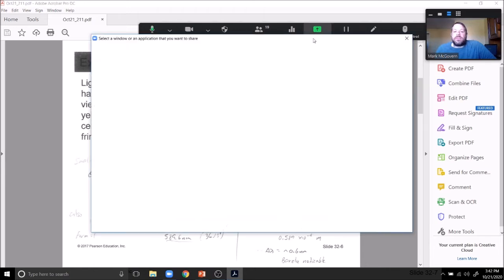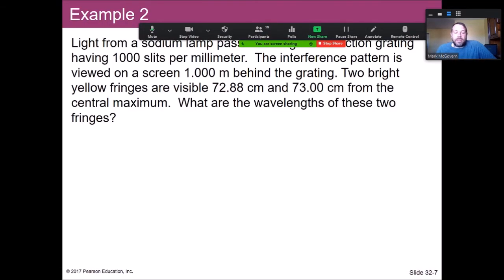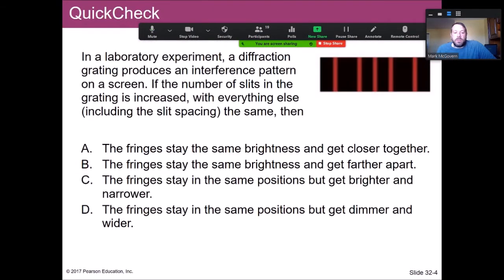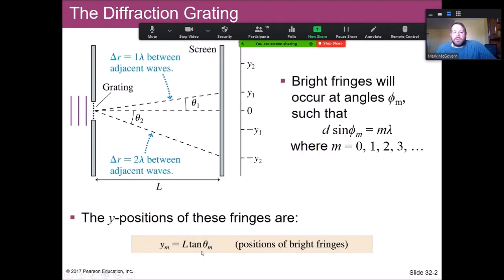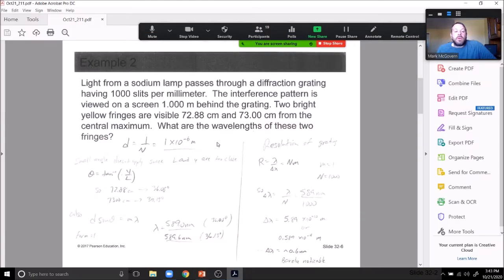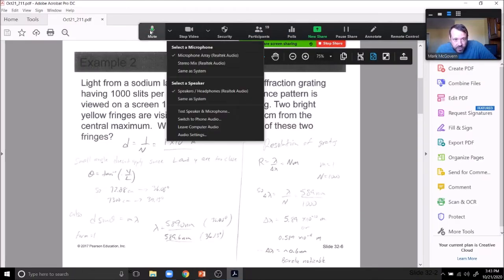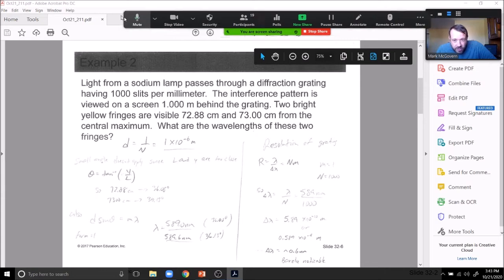Just to be clear about that, let me go back to the slide here. I'm doing the stuff that's down here right now. So I get a range of angles, and it's hard to see this down here, so I'll zoom in a little bit so you can see this.